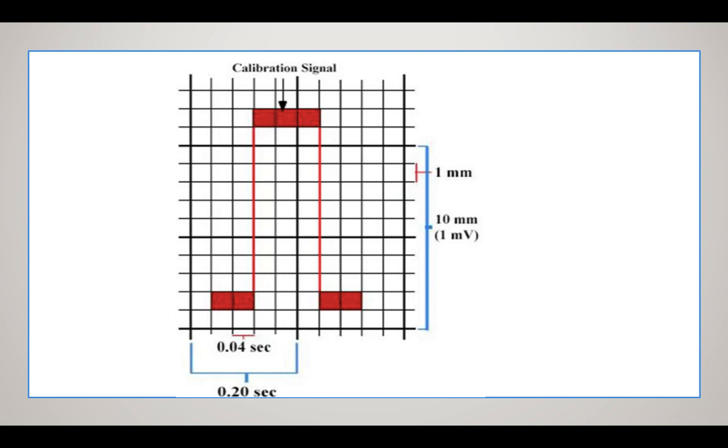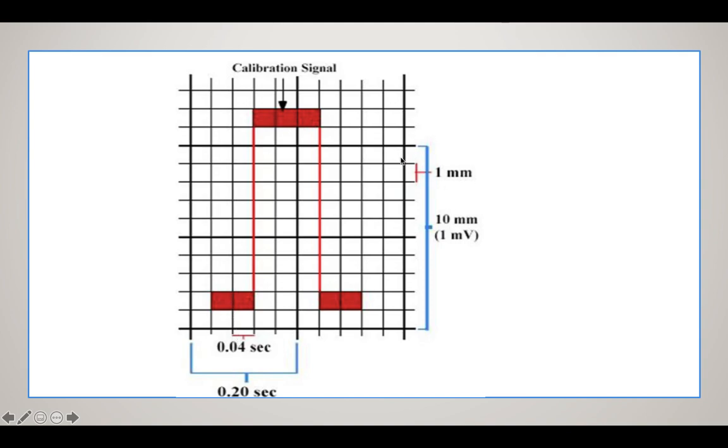These big boxes are divided into 5 smaller boxes: 1, 2, 3, 4, 5. And each of these smaller boxes represents 0.04 seconds.